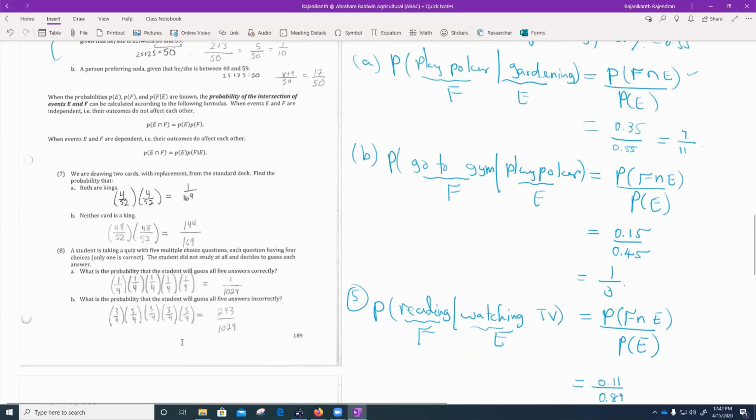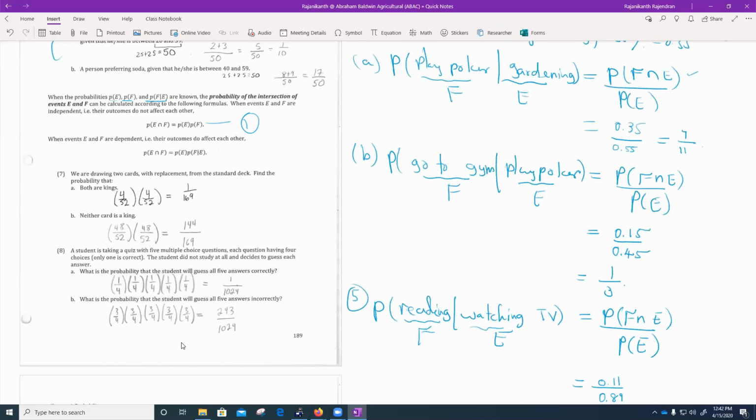Now let's move to the next definition. The next definition is about finding the probability of intersection events, two events. When the probabilities of E, F, and the conditional probabilities are known, the probability of the intersection of two events E and F can be calculated by using these two formulas.